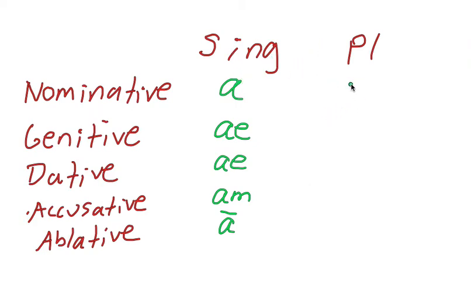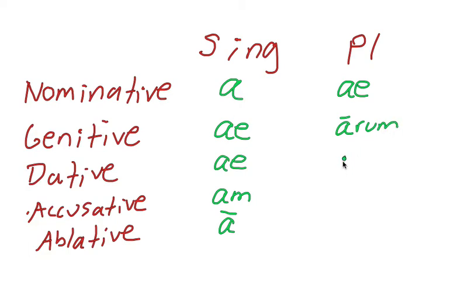In the plural, the nominative plural is I. So as you can see, we have 3 forms that are the same: genitive singular, dative singular, and nominative plural are all I. To determine the difference between those when we're translating, we're going to go by context clues in the sentence, which we'll learn in future lectures. The genitive plural is arum.